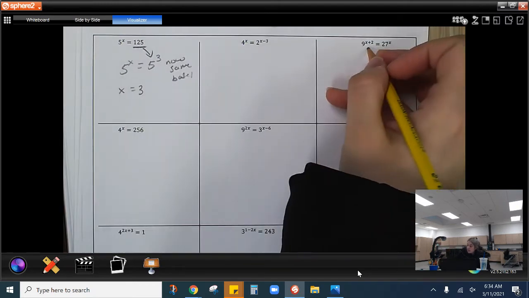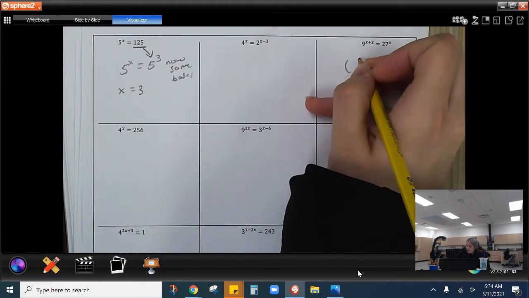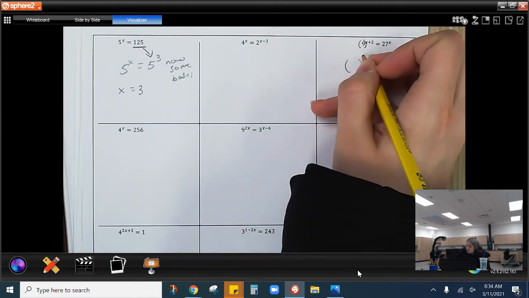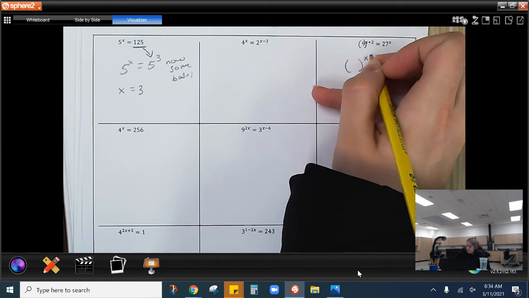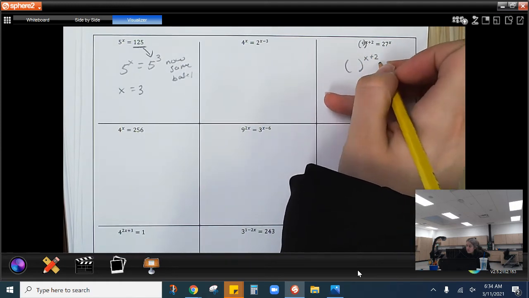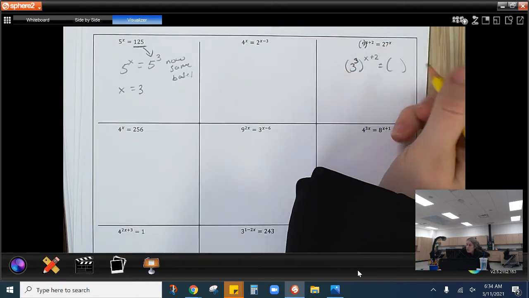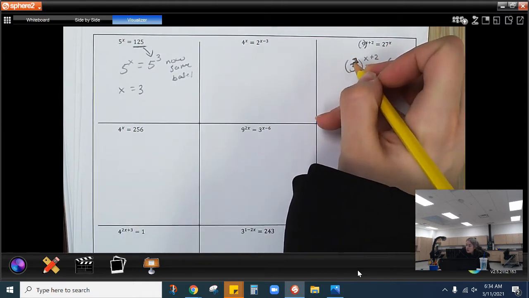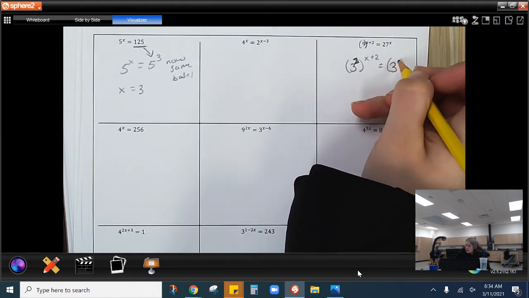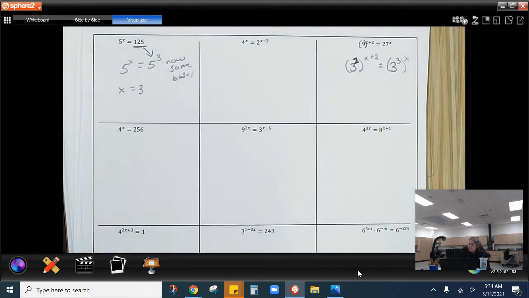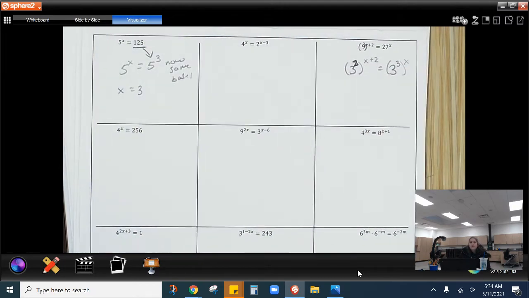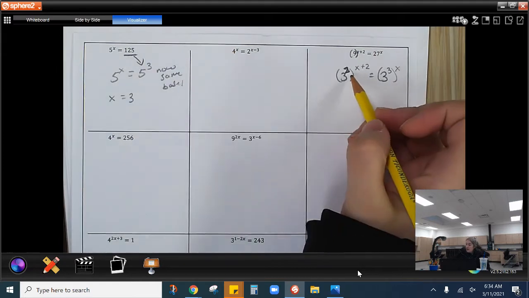So we know that 9 is really 3 squared, and 27 is really 3 cubed. Hey, look at that.